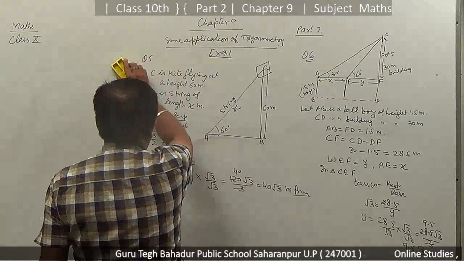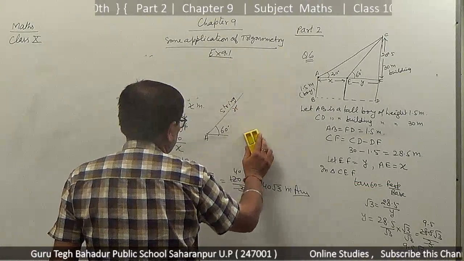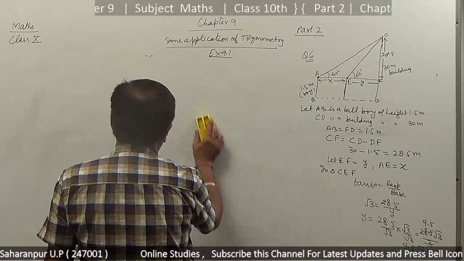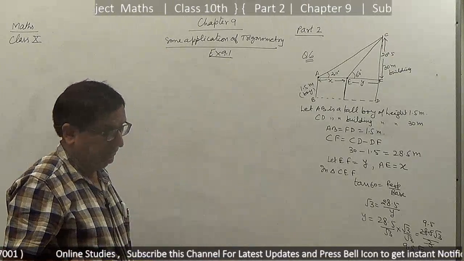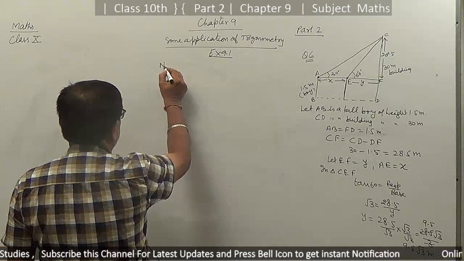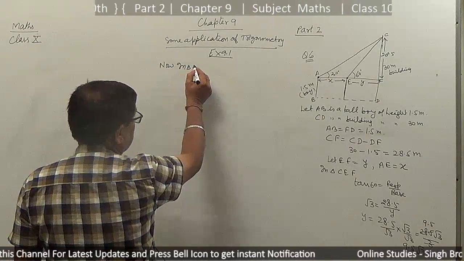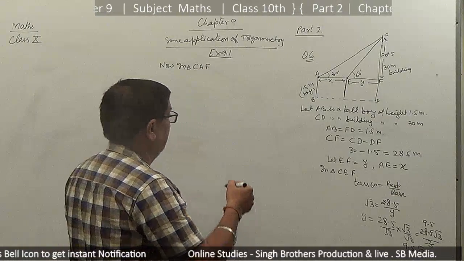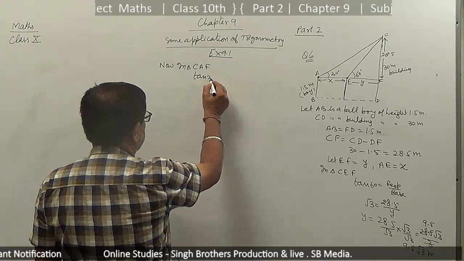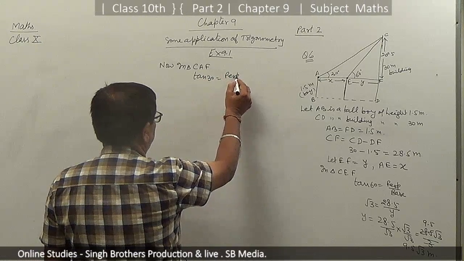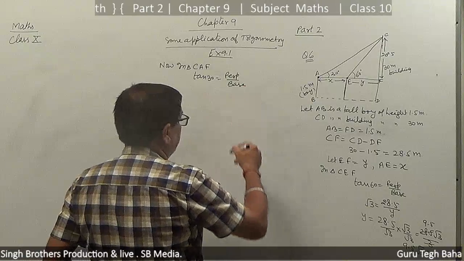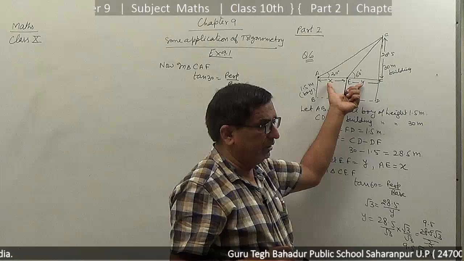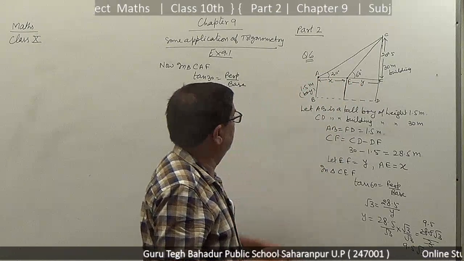Now taking another triangle, in triangle CAF, tan 30 is equal to perpendicular upon base, because angle 30 is given to you, perpendicular you know, we have to calculate the base, so we will use tan.